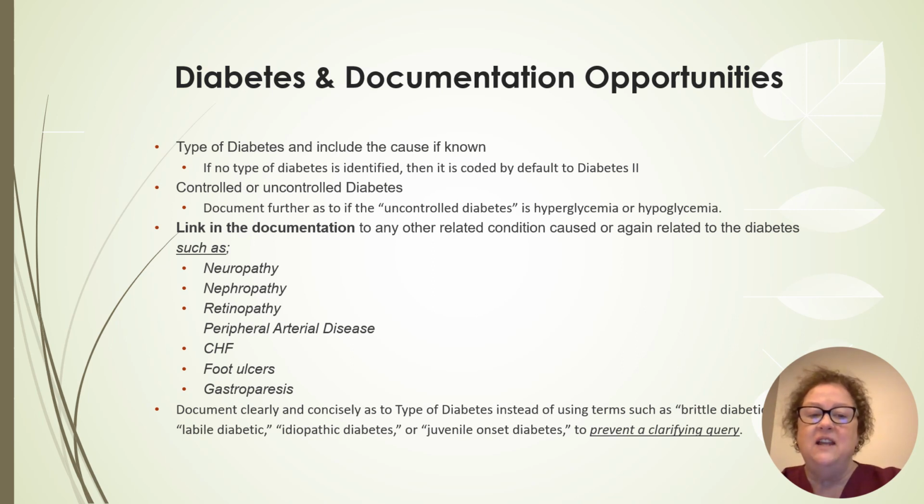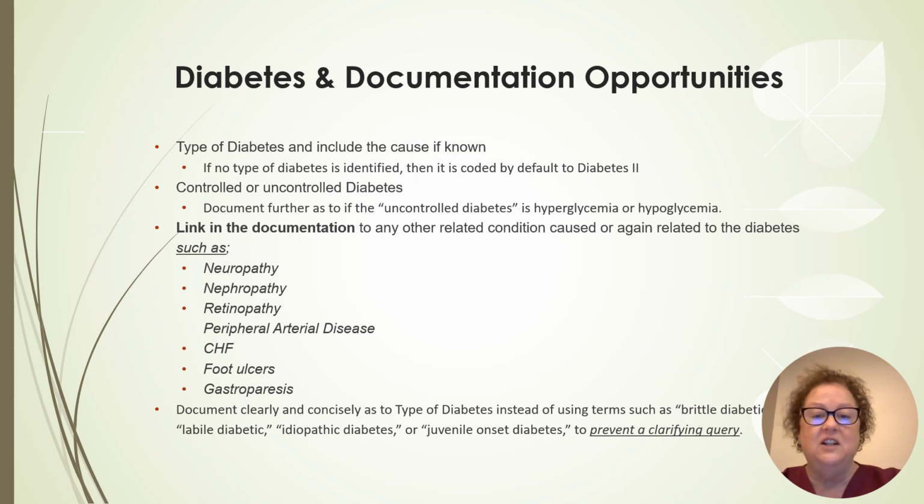And when you link documentation, say that it is due to, so for instance, neuropathy due to diabetes type 1 uncontrolled. So please document with specificity.